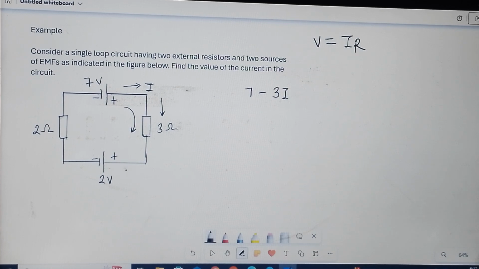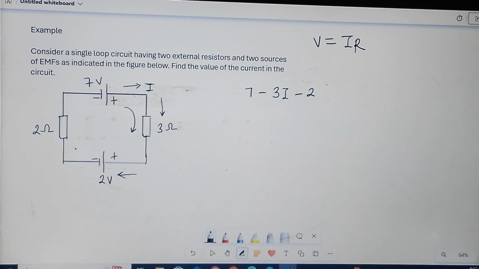Coming through this point, we can also see this is the direction of the current. It will go around, so it's moving like this. We have chosen a clockwise direction. So this enters through the positive terminal and leaves through the negative terminal. So we have minus 2 here, minus 2.